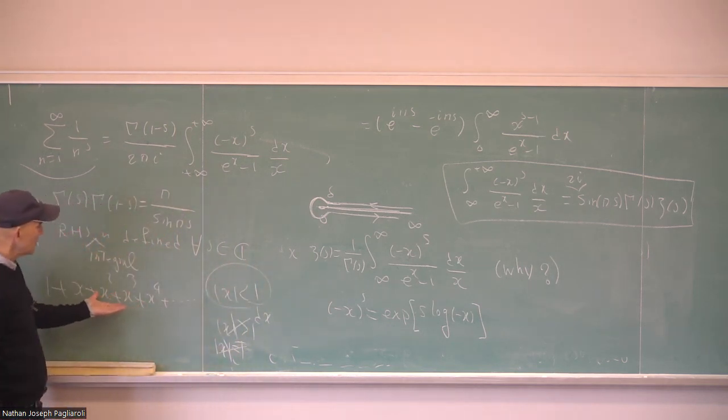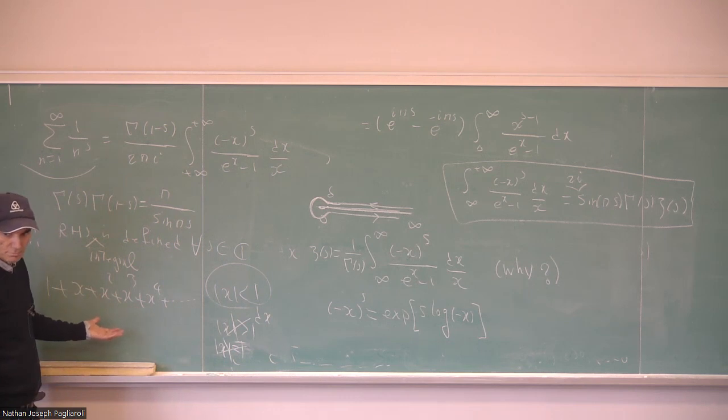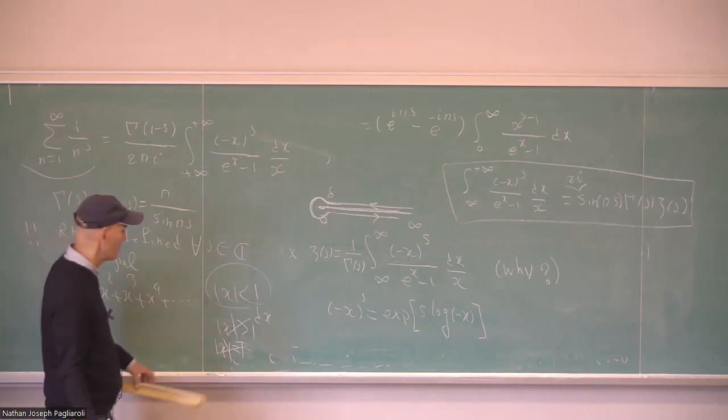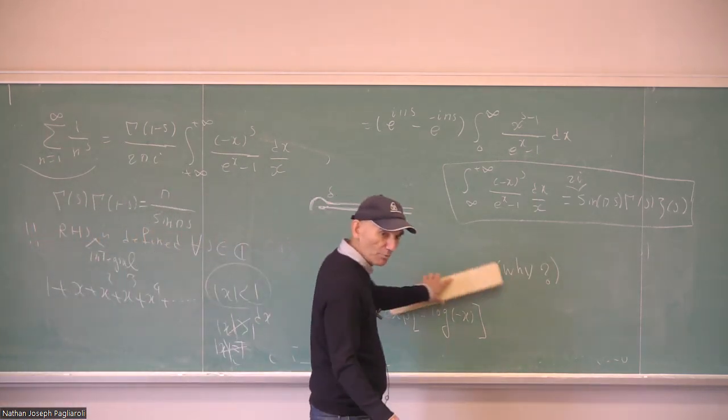So someone asks you, does it have analytic continuation? Yes, it's equal to 1 over 1 minus x, because you have a second formula for it.